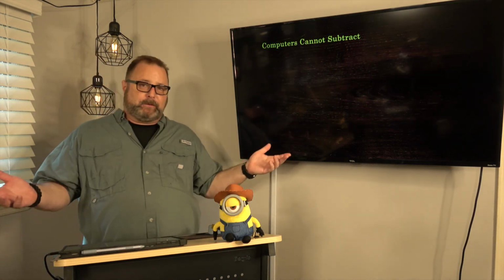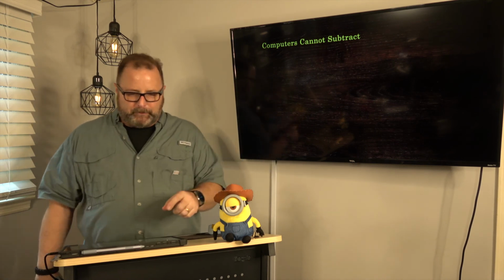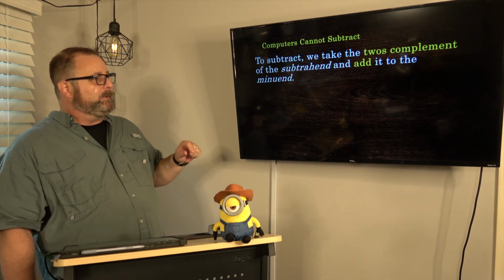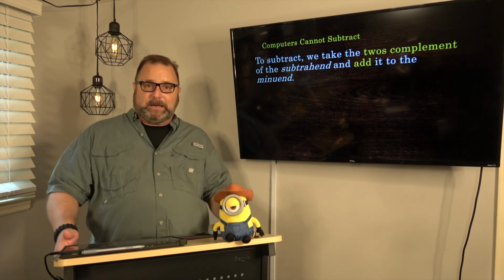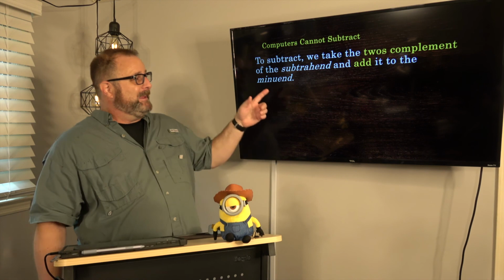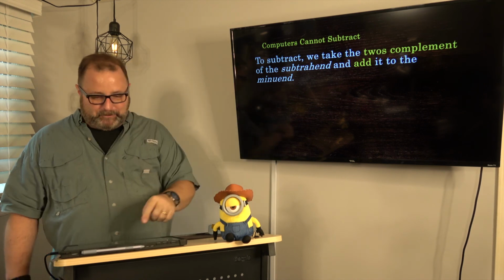Computers can't subtract. That's why we have to do this electronic negative version of a number. And we do that by taking the 2's complement of the subtrahend and adding it to the minuend. That completes your academic snootery for the day. The subtrahend is the lower number, the minuend is the upper number.